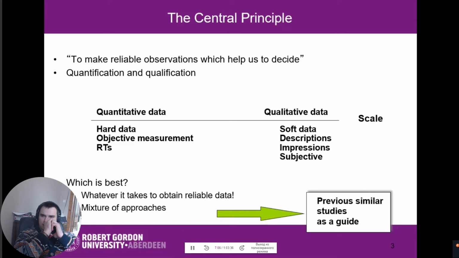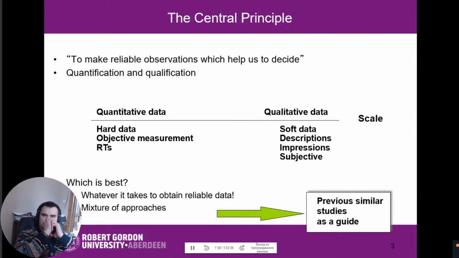Now, as you already know, you have two kinds of measures, quantification and qualification, okay? Quantities and qualities. They are not discrete categories, okay? They are in fact a scale. So you can have something that is very qualitative and something which is very quantitative and a variety of things in between.